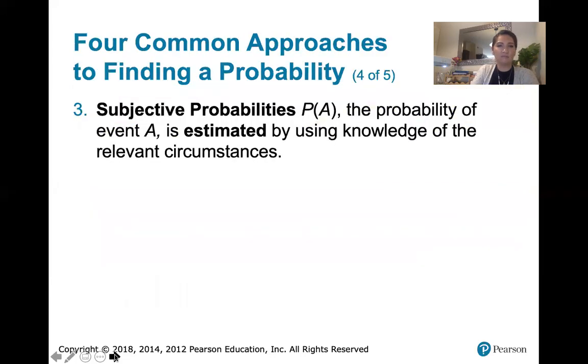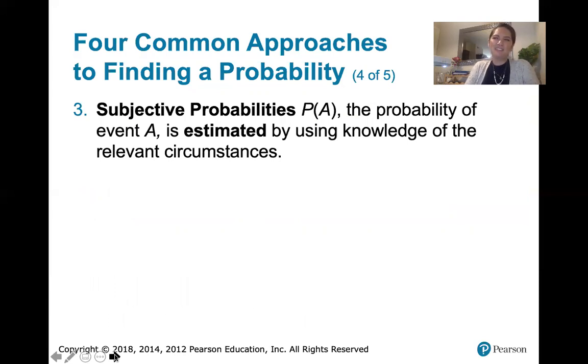Now, the third approach is subjective probability. That's a probability being estimated using knowledge of relevant circumstances. This is typically done by individuals. When you say, what's the chance that you got an A on that test? And you say, oh, I feel like I'm 80% sure I got an A. Have you ever had that conversation with a friend?